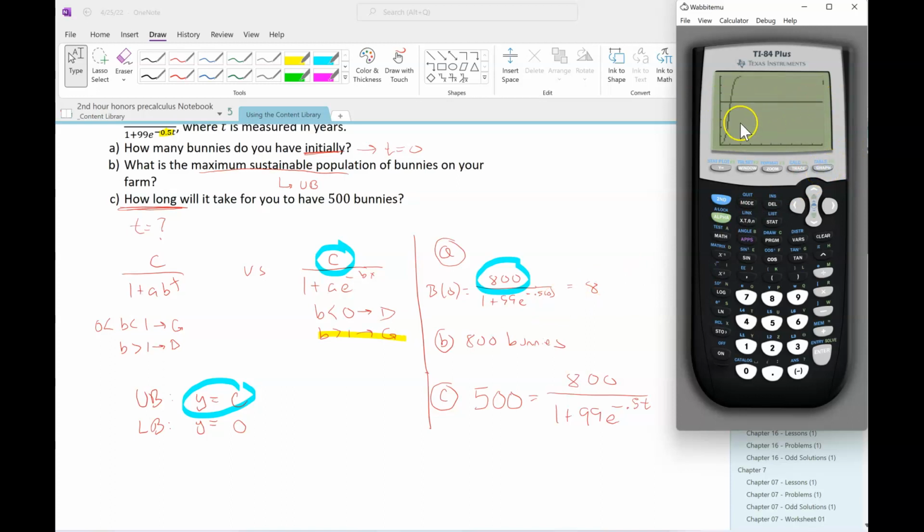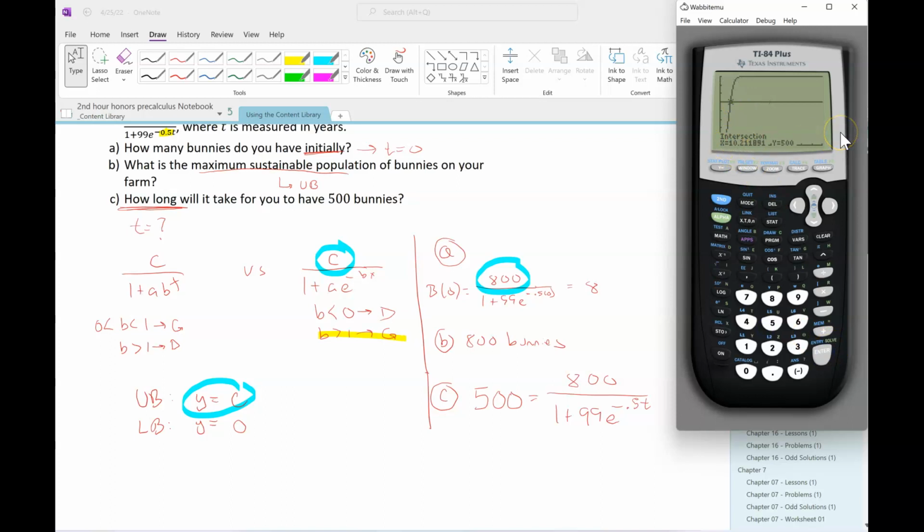There's my 500 bunnies. Whoa, that happened fast. Yeah.